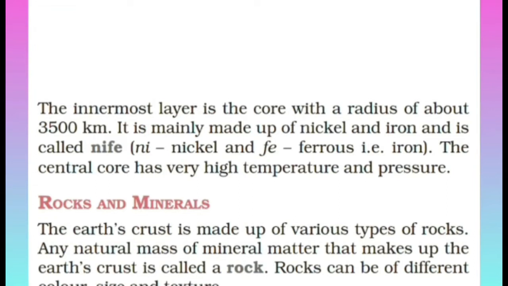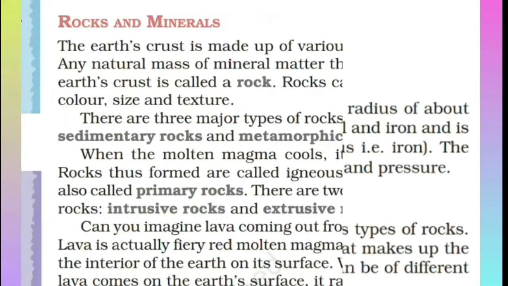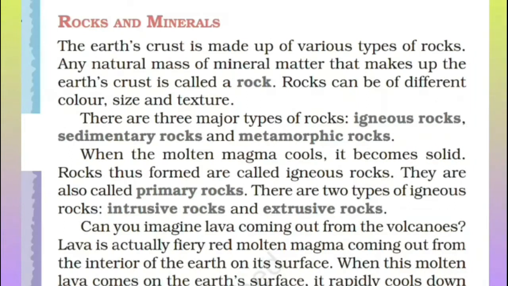It is made up of nickel and iron, and that's why it is called NiFe: Ni for nickel and Fe for iron, ferrous. The temperature and pressure are very high, since it is in the center of the Earth. Okay, so here the temperature and the pressure are very high.